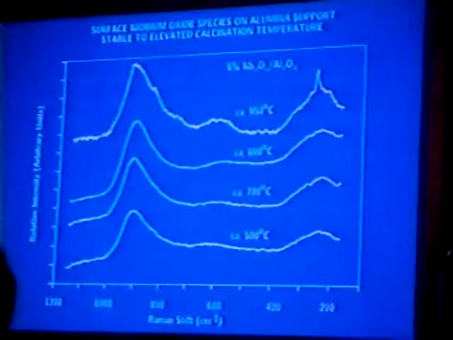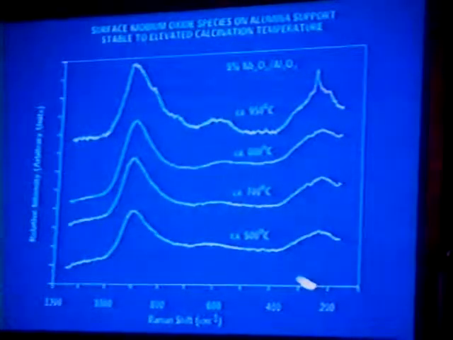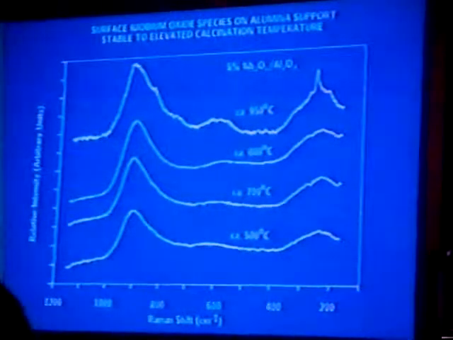There's an additional band appearing in the low wavenumber region. That's due to the phase transformation of gamma alumina to theta alumina. So the Raman spectra suggest the surface niobium oxide species on the alumina support is stable to elevated calcination temperature.